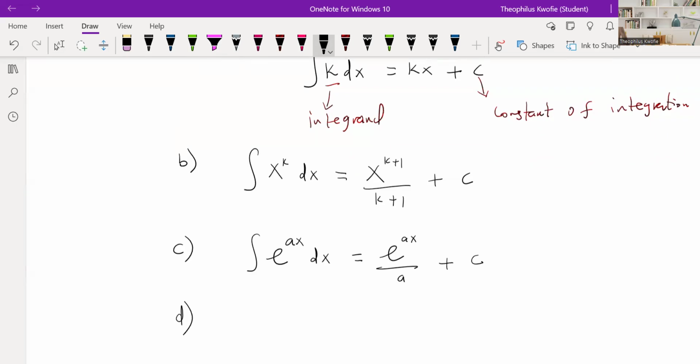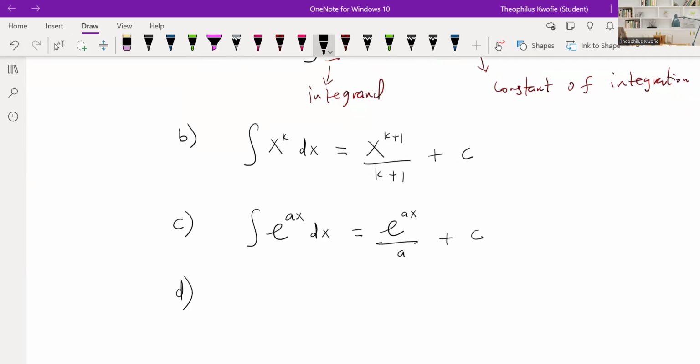All right, so I want us to look at what we call the linearity. With this property, we call it the linearity property. Very, very important. With the linearity property, what are we saying?